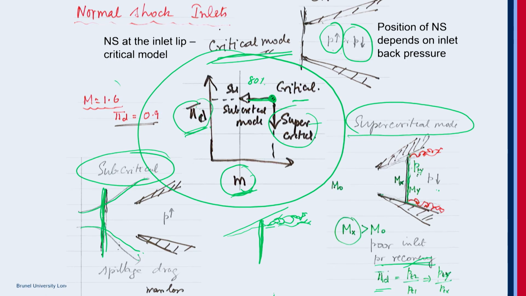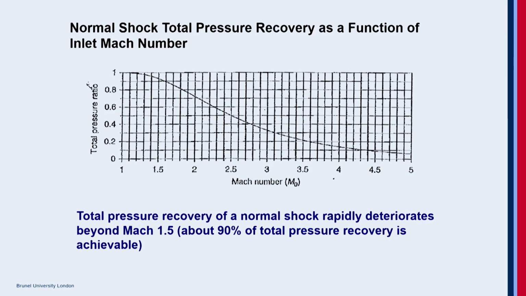Now, as I did mention, these normal shocks are ideal up to Mach 1.6 because the inlet pressure recovery under the design mode is up to 0.9 here. So this is the chart, normal shock total pressure recovery as a function of Mach number. Here you can see at Mach 1.6 you have good inlet pressure recovery.